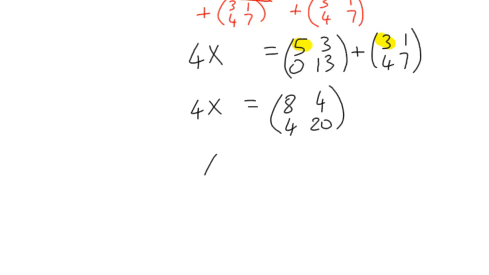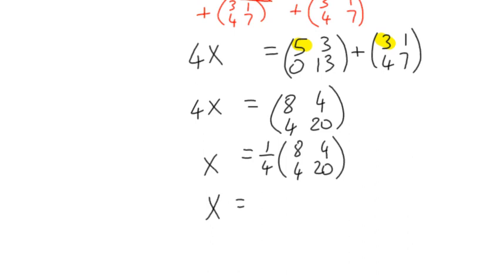And in order to get x on its own, we need to divide by 4, or another way would be to represent that as a quarter. We don't usually put a matrix in a fraction, but instead of putting a line over 4, we would multiply it by a quarter, and then we can multiply in, if it's appropriate.